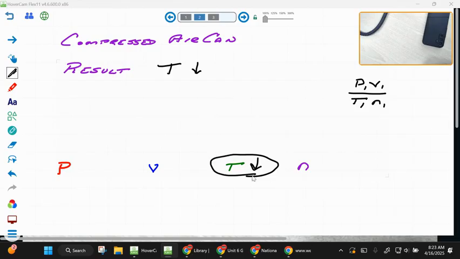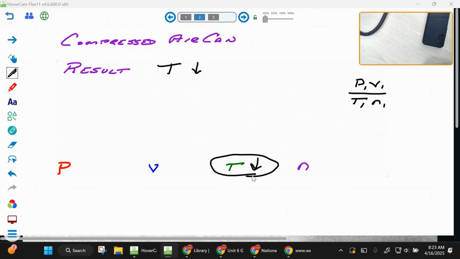That's what happened. The question is why? Now, as I am spraying the can, what am I changing? And what am I not changing? So in terms of P, V, and N, someone tell me something that changed or something that did not change. Volume doesn't change.